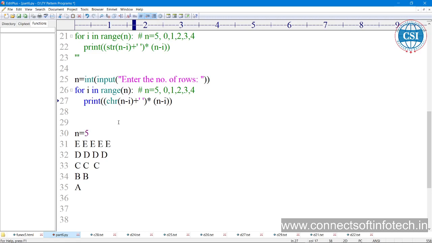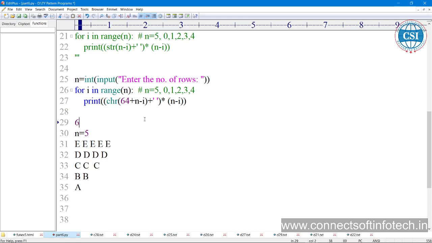Then chr of what? The first letter I want here is E, so we need to write 64 plus n minus i. If you take 64 plus 5, what does it become? 69.